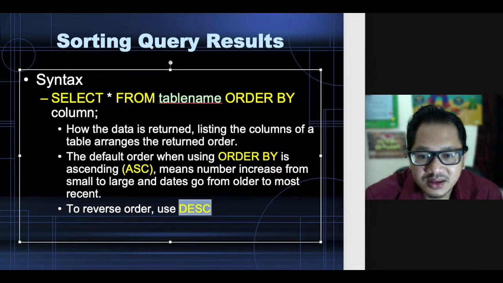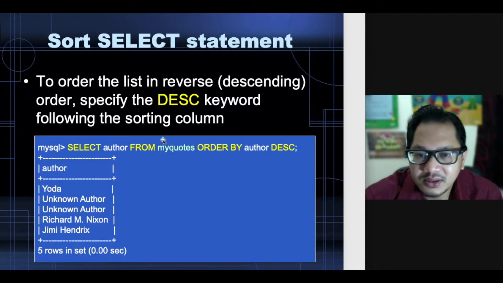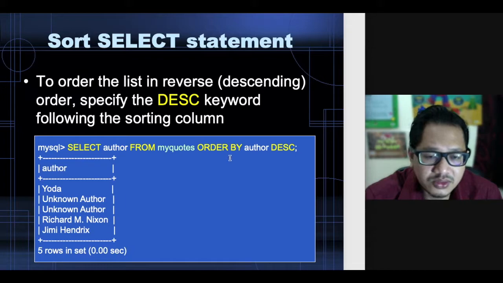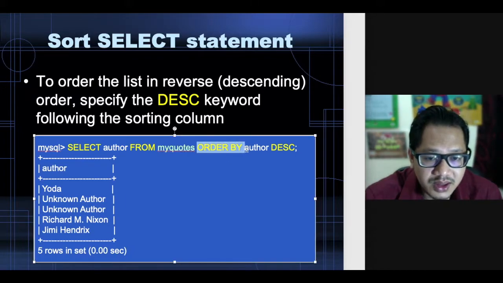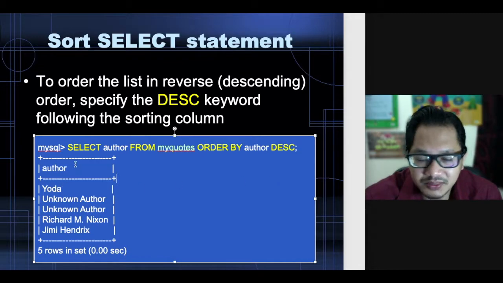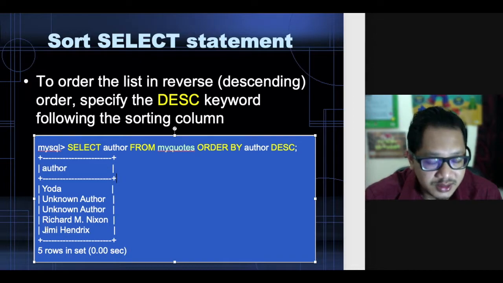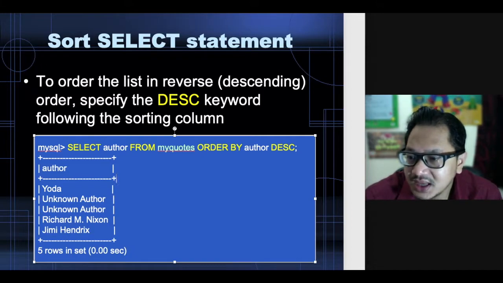We look into the example: SELECT author FROM my courses ORDER BY author DESC. So it will sort descending, going down, Y first and then J. Ascending goes upward. So simple, descending and ascending.